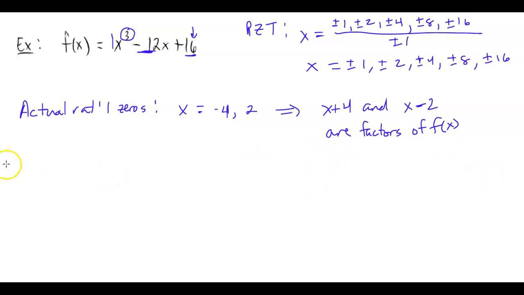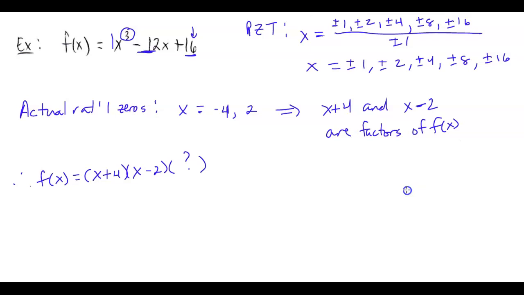Now, what this tells us is that f of x is going to be x plus 4 times x minus 2 times something else. And so here is where we want to use synthetic division to help us factor down our polynomial so that we can find out what that last linear expression will be.